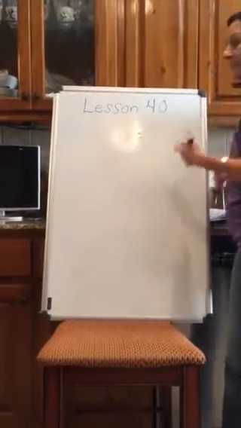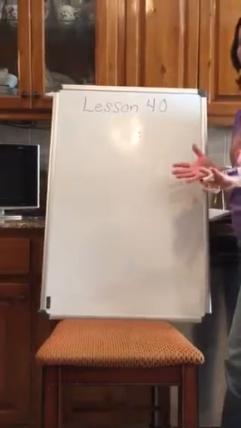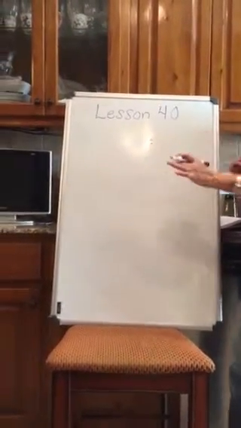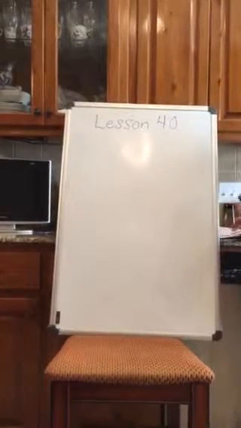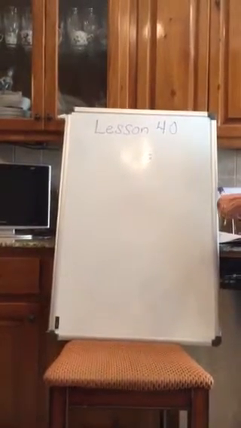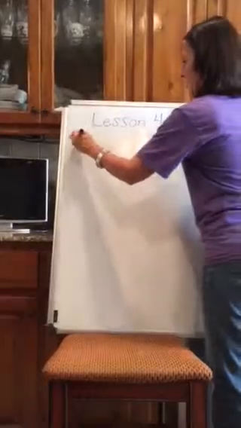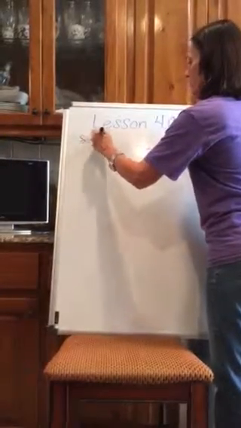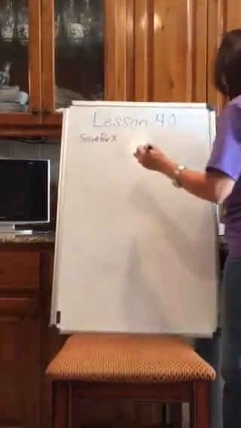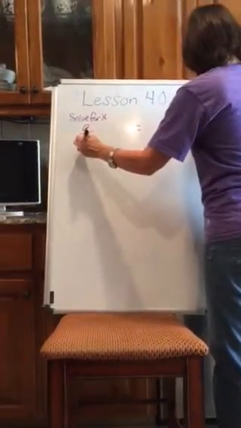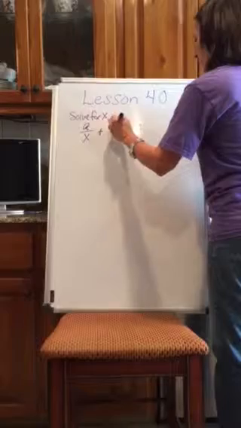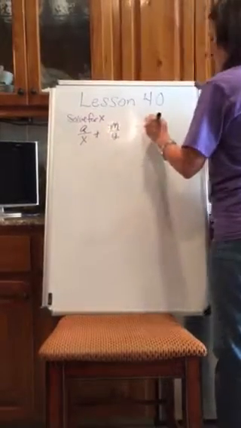And anytime we have the equal sign, we're going to eliminate all denominators. So, looking at example 40.1, we're going to solve for x. This is on page 181. And we have a over x plus m over a equals c.